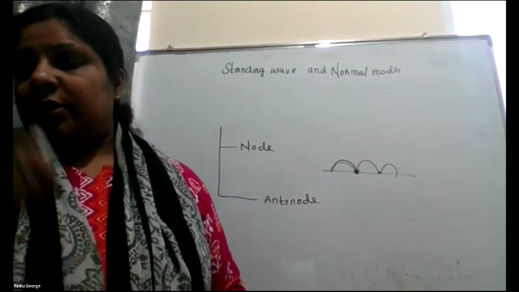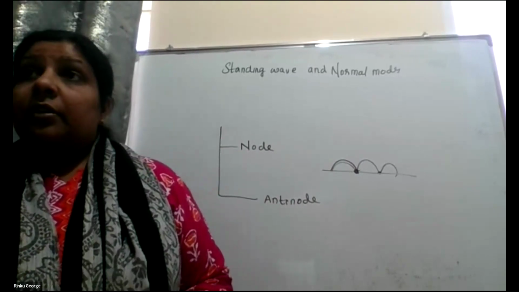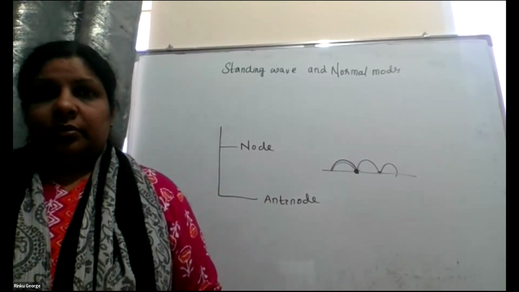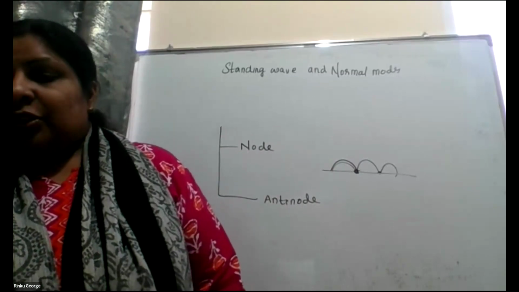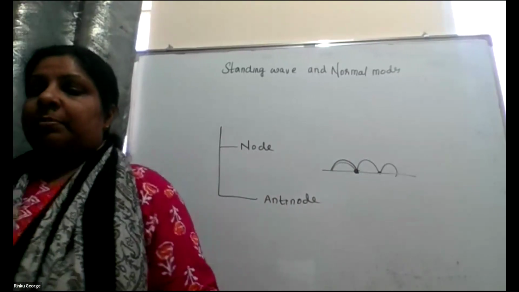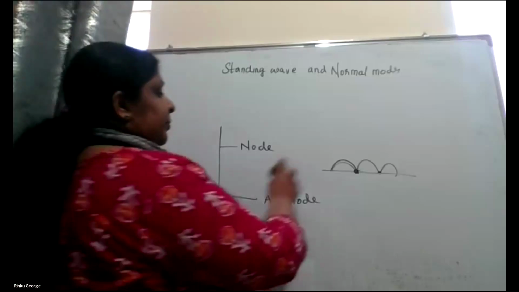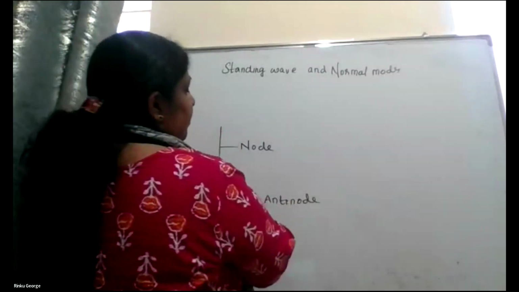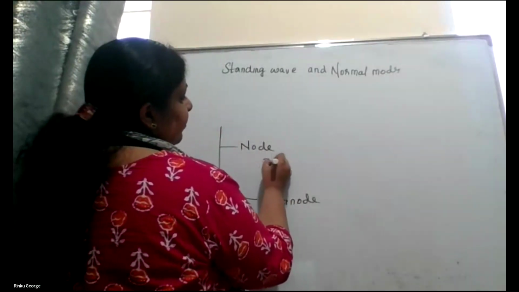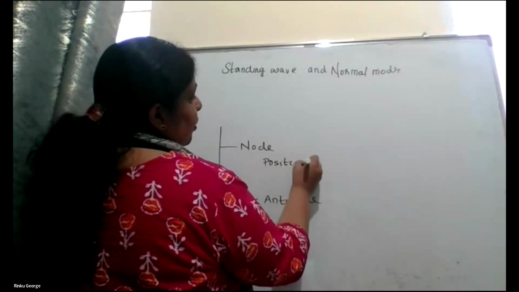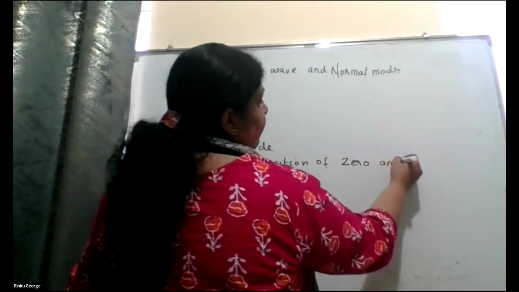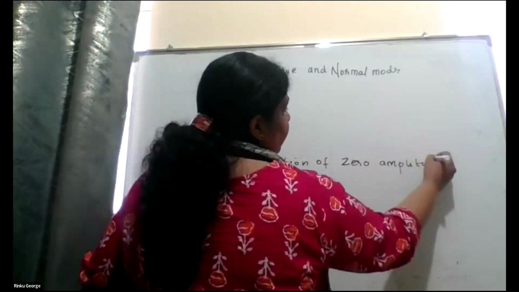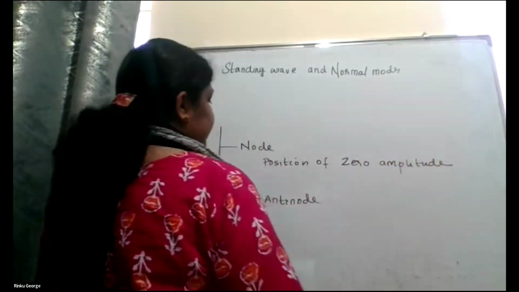Node and antinode. The position of 0 amplitude is called a node.